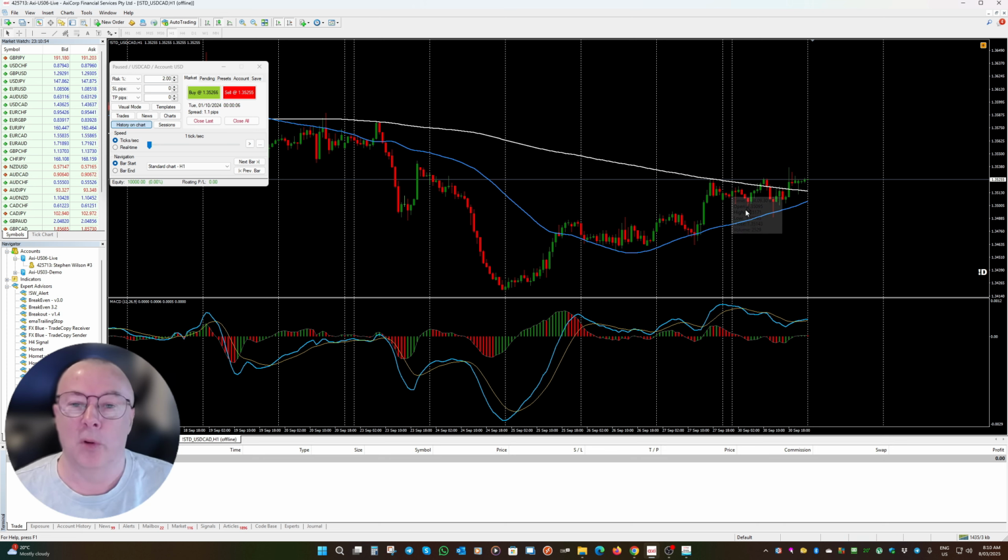But the simple rule is that I'm trading in the direction of the trend. So if the price is below the 200 and we get a cross down, we take a short, and if the price is above the 200 and we get a cross up on the MACD, we take a long. And we only risk 2% per day for our trades and maximum of 1 trade per day. Okay, let's get started.